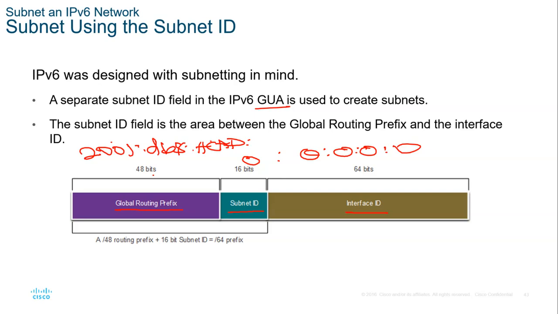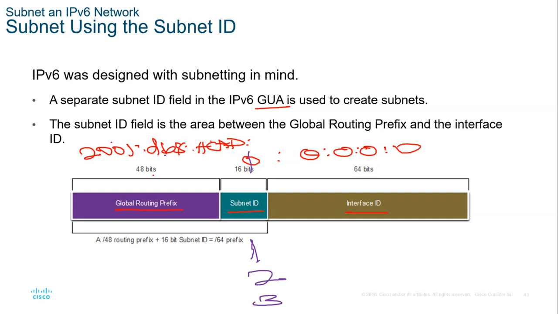So this will be the second subnet. I can change that to a 2. The subnet ID changed to 3. So all these other ones will remain the same, but I will have got the other IPv6 address group.